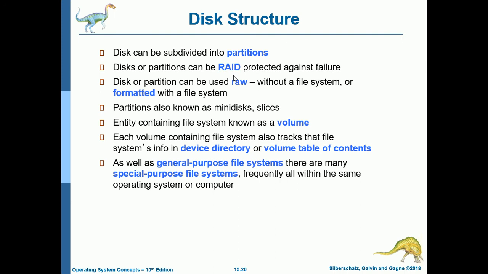Partitions are also known as mini disks or slices, and an entity containing a file system is known as a volume. Each volume containing a file system also tracks that file system's information in a device directory or volume table of contents. As well as general purpose file systems, there are many special purpose file systems, frequently all within the same operating system or computer.